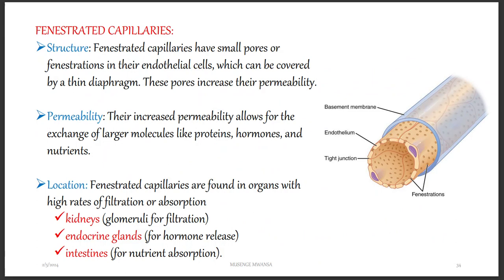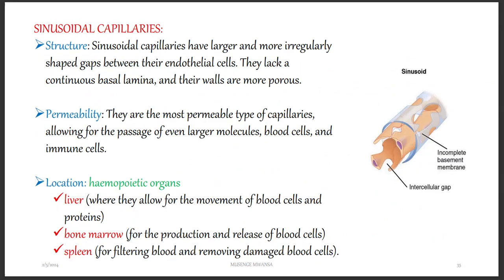You also have fenestrated capillaries. These are specifically found where you have increased permeability so that there can be exchange of large molecules like proteins, hormones and nutrients. For example, in the kidney, in the endocrine glands, and also in the intestines.